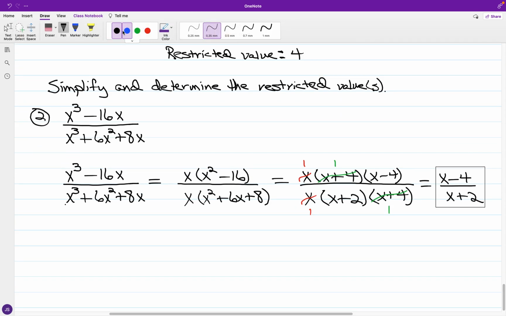Now, in terms of the restriction, it is in reference to the original form of the ratio. So the original denominator, not the simplified ratio, but the original.